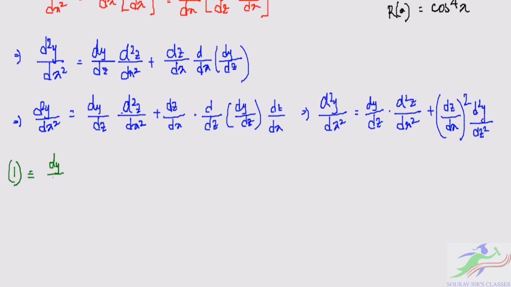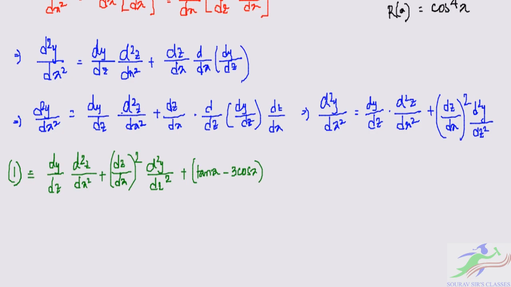We have dy/dz d2z/dx2 plus (dz/dx) square d2y/dz2 plus (tan x minus 3 cos x) dy/dz dz/dx, plus 2y cos square x, which is equal to cos to the power 4x as given.